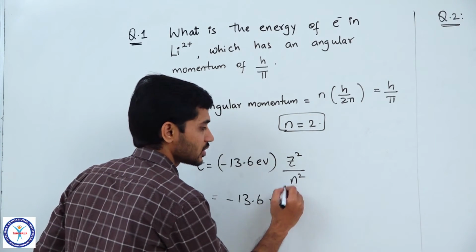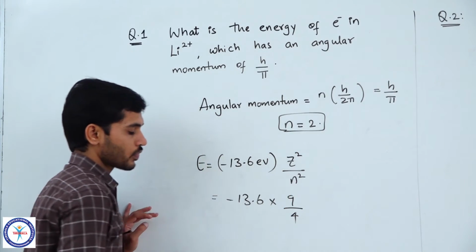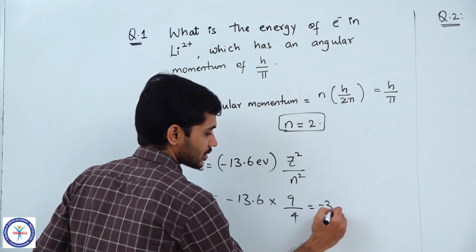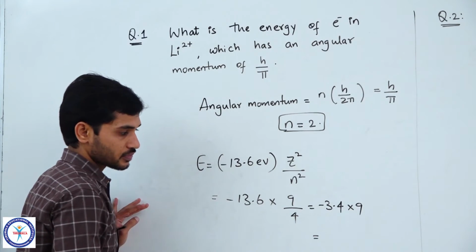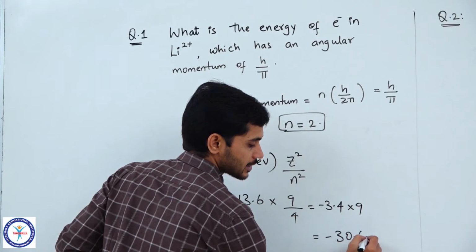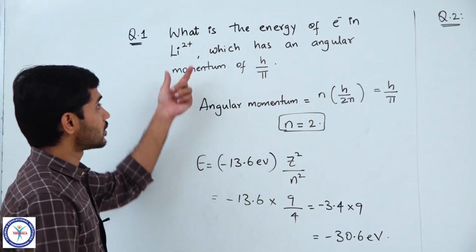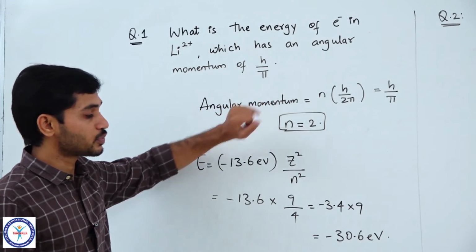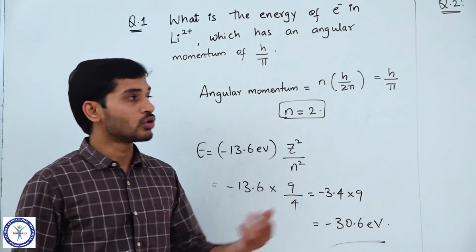So this becomes 3 square, which is 9, by n is 2, so 4. So minus 13.6 by 4 is minus 3.4, into 9, and when we simplify this, you get minus 30.6 electron volts. So that would be the energy of an electron in this particular hydrogen like species having this much angular momentum. Okay. Now let us move on to the next question.